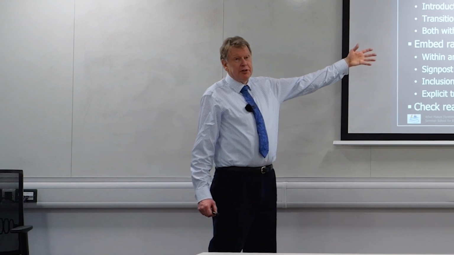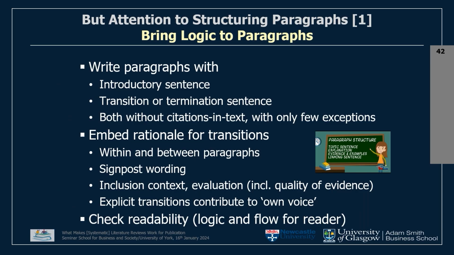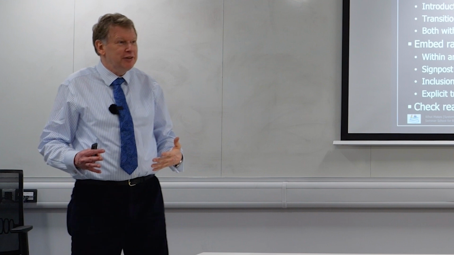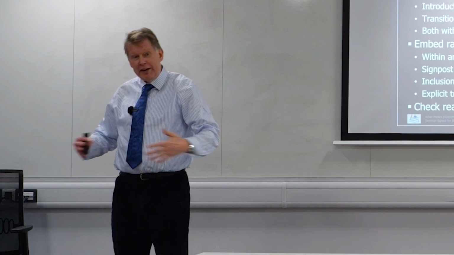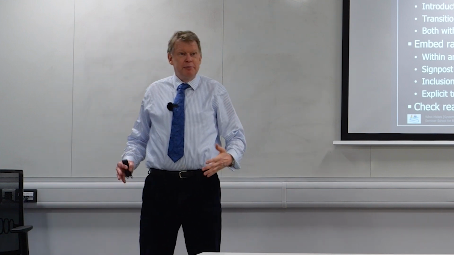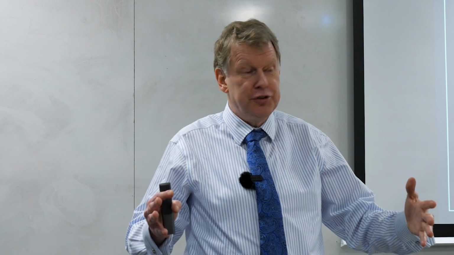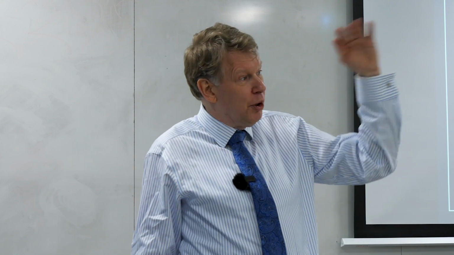Then you have to embed the rationale for transitions. So why do you go from one citation to another? Why do you go from one topic to another? So at one time, a very lovely doctoral student, she was very clever, but she managed to jump in a paragraph of 200 words from economy, patents, individual firms, sectors, and it went up and down in a random order.